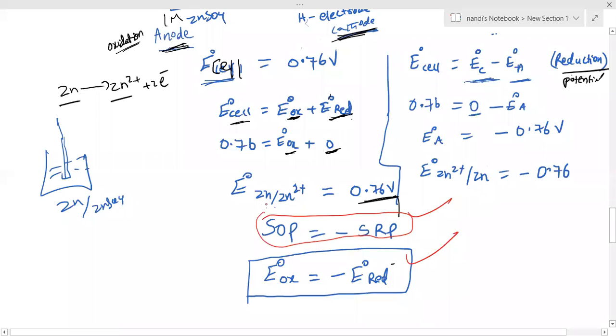Oxidation, E naught oxidation, is Zn to Zn2+.